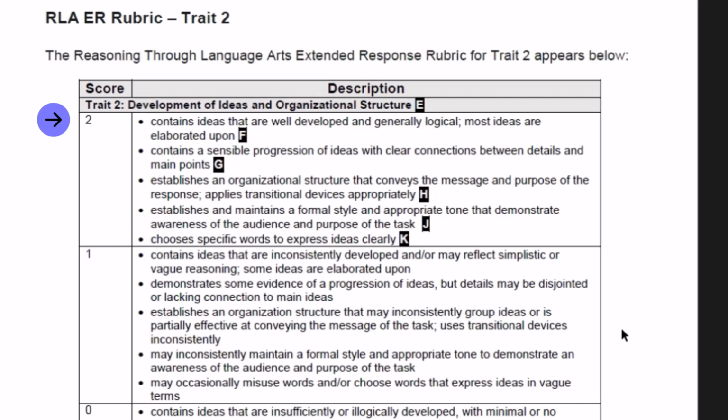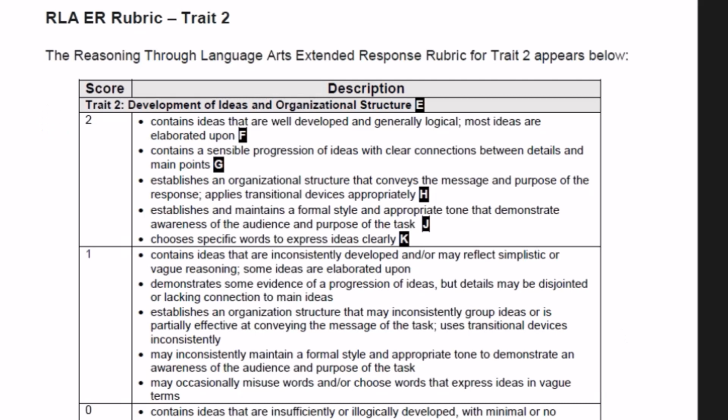Applies transitional devices appropriately. Establishes and maintains a formal style and appropriate tone that demonstrates awareness of the audience and purpose of the task. Chooses specific words to express ideas clearly.